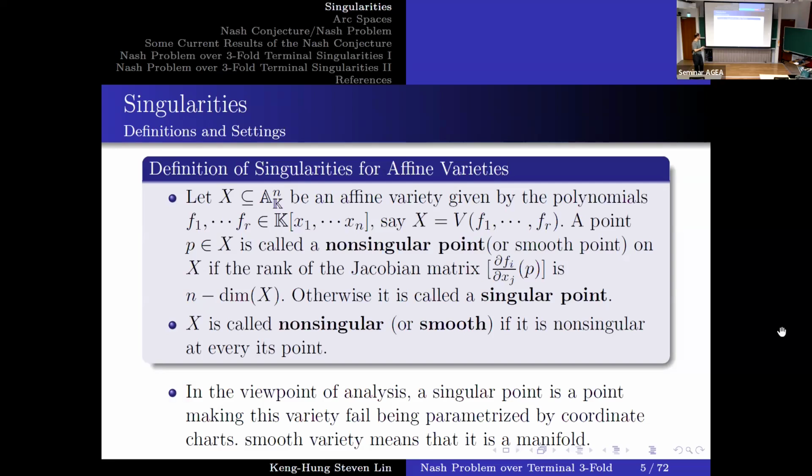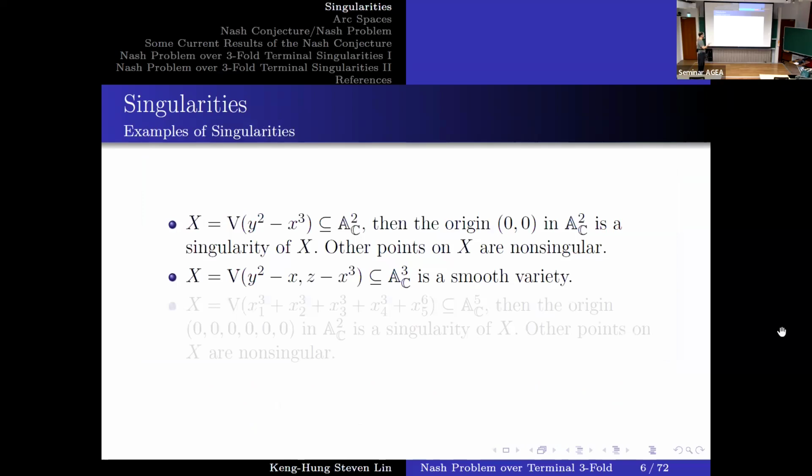In particular, a variety is called non-singular or smooth if it is non-singular at every point, which means it is a manifold. It can be parameterized everywhere. Some typical examples: the first one is our favorite example, in A2 we consider y squared minus x cubed equals 0, and obviously it has a singular point at the origin (0, 0).